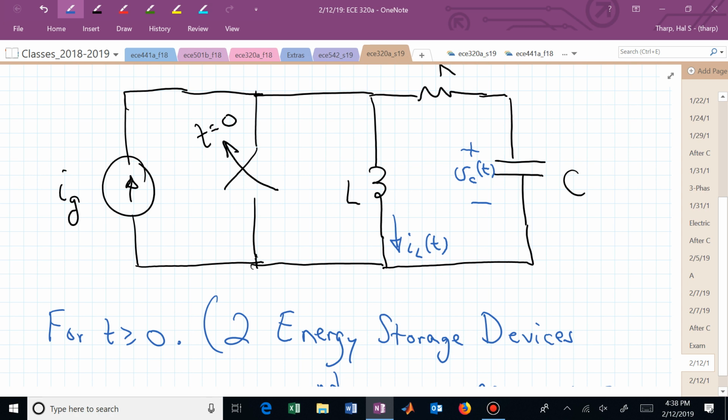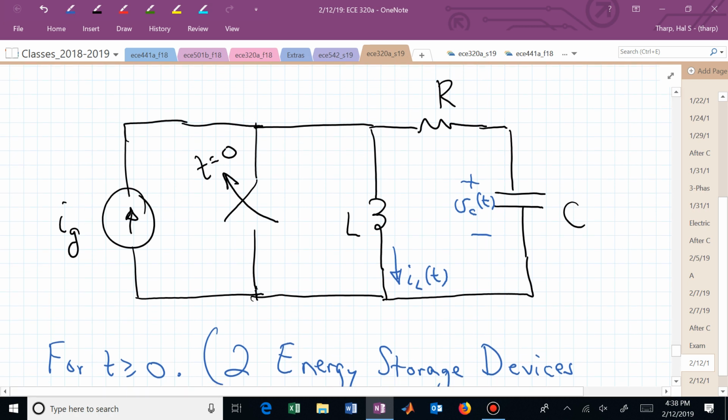And now, what might be a little bit of a twist on what you're used to seeing, we're going to write not 2 KVL equations or 2 node voltage equations. We're going to write one of each. The reason is that may actually allow us to write equations in terms of these variables of interest.